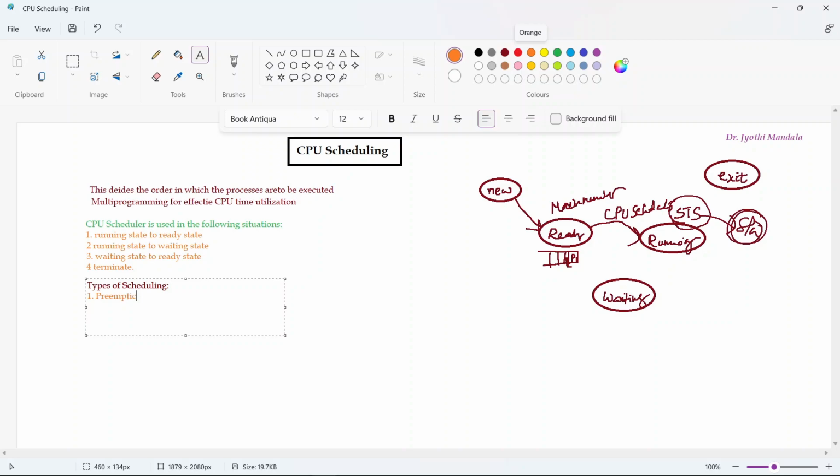Now, what is the difference between these two categories? Preemptive scheduling is nothing but, suppose whenever a process has been selected. I'll repeat this same concept once again, and let us erase this.